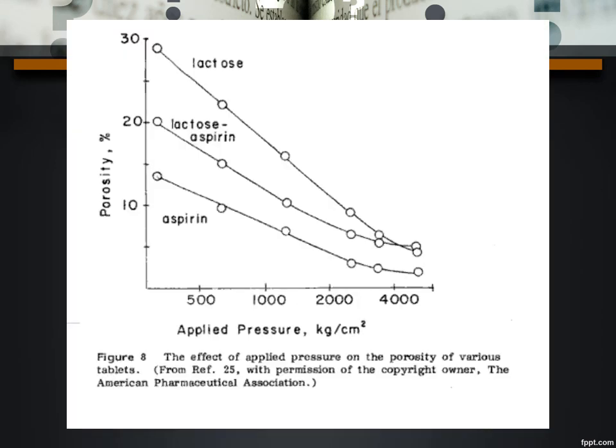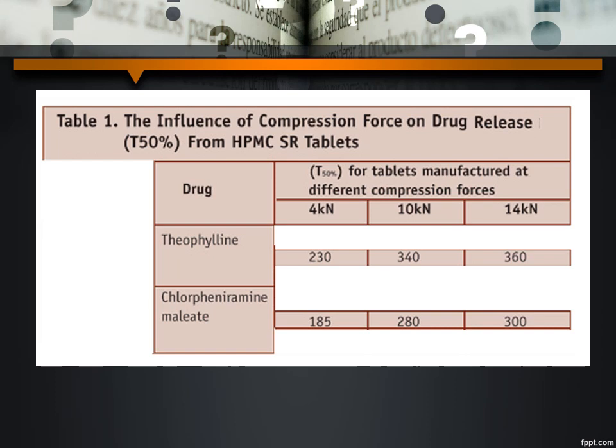This graph shows the porosity changes when you apply a different pressure to the tablet. When you increase the pressure, of course the porosity will be reduced. And this table shows the influence of compression force on drug release at 50%. So this is the time taken for 50% of drug release.